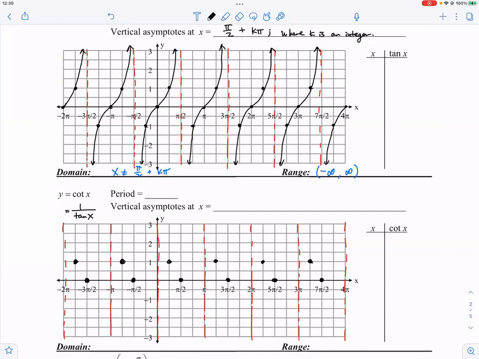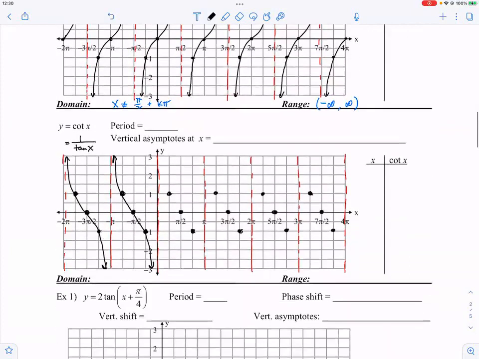And 1 over -1 is -1. Okay. So you have something like this. So that's the cotangent graph.